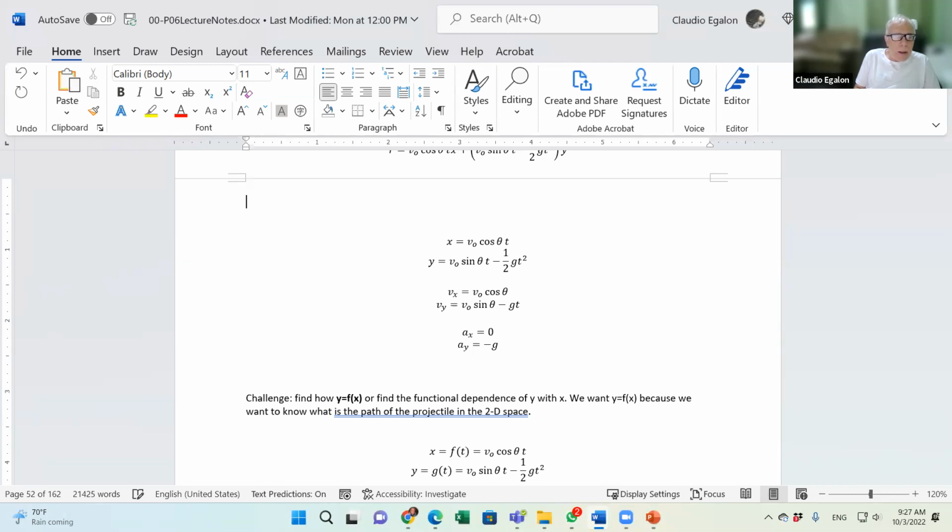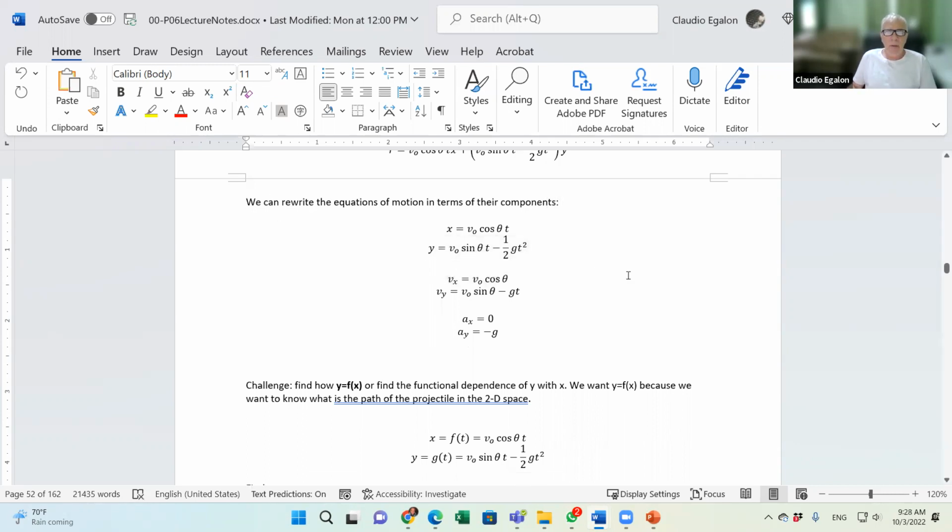We can write the equations of motion in terms of their components, x and y, and that's what we have here. Just a different way. Also, instead of putting v naught x, I put v naught cosine of theta and v naught sine of theta.